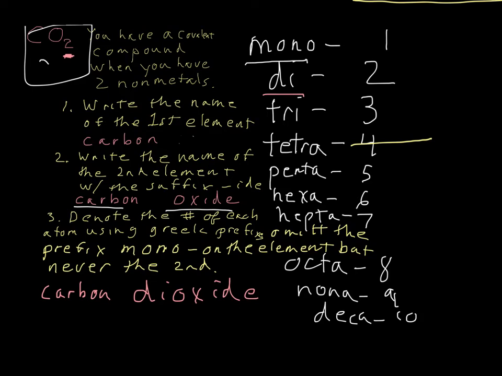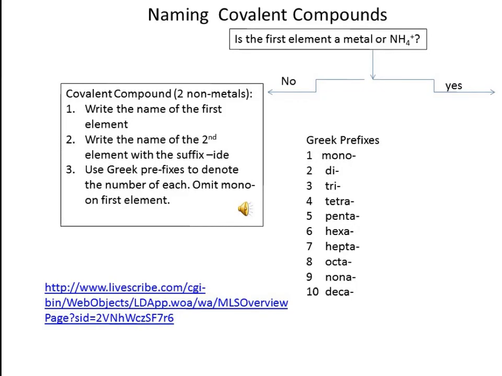All right, let's take a look at another example. Okay, here are the rules for naming a covalent compound, and this is part of that flow chart that you saw if you've been doing my nomenclature series with me, my nomenclature trilogy, the best trilogies in Star Wars.